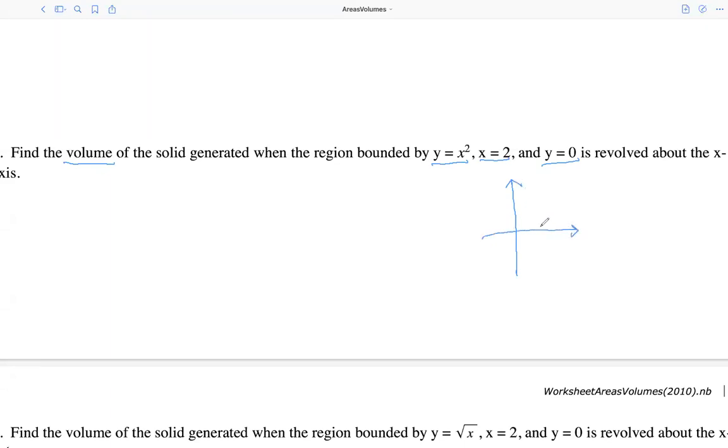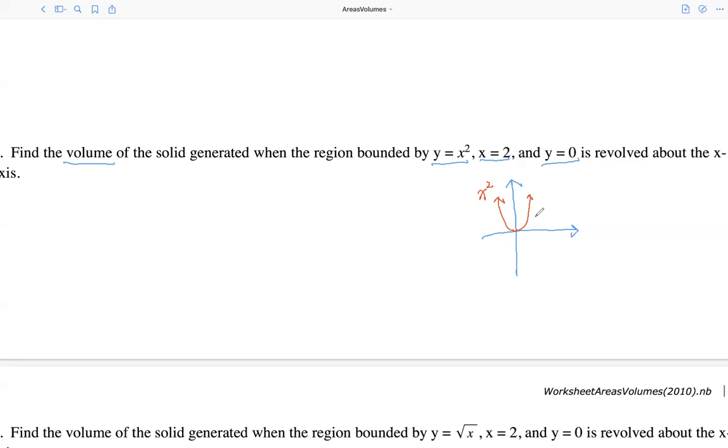So I have my x, y axes, and an upward parabola whose vertex is the origin. So this is our x squared graph.